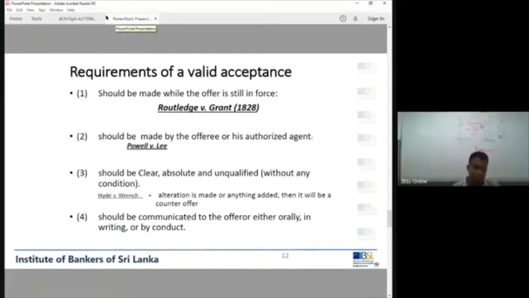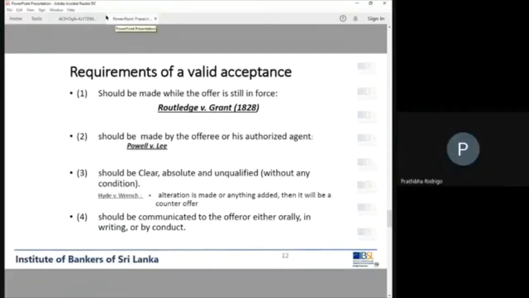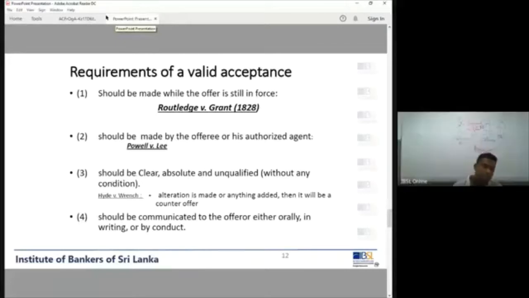Excuse me, sir. Yes. Sir, the second requirement, that agent case. It is needed to mention the agent when accepting the offer? Your question is whether, when the offer is accepted by the agent, it is needed to mention that it has been accepted by the agent.